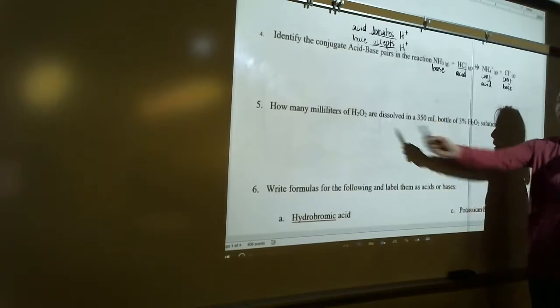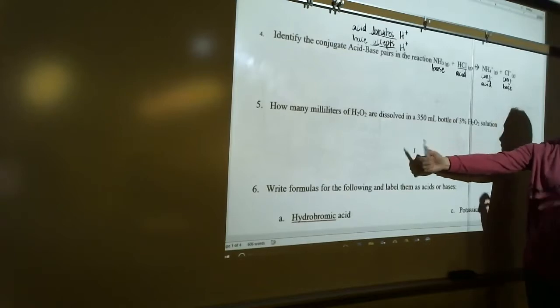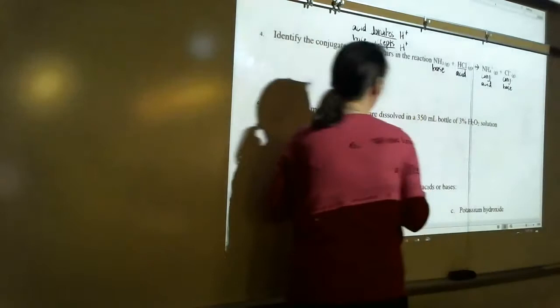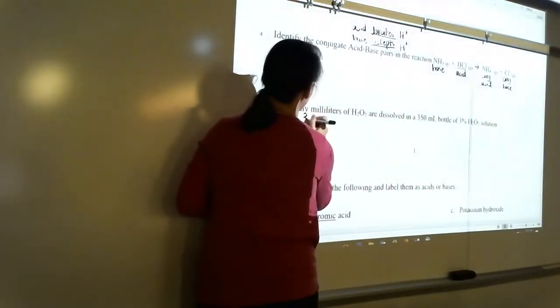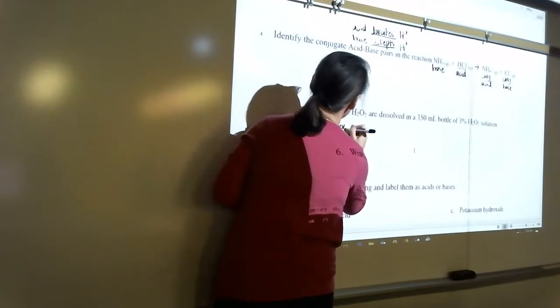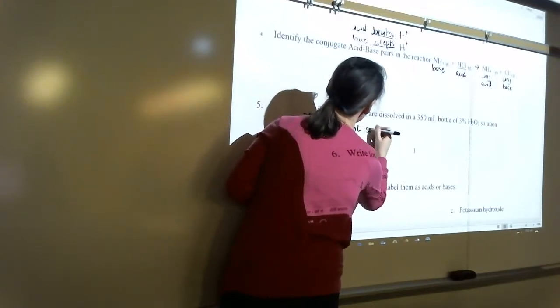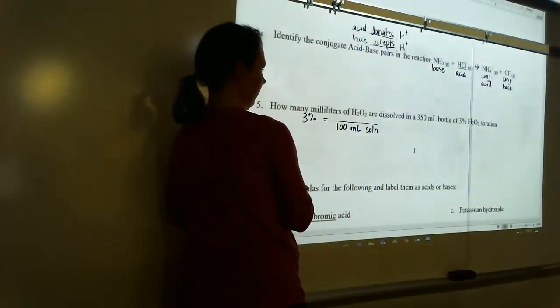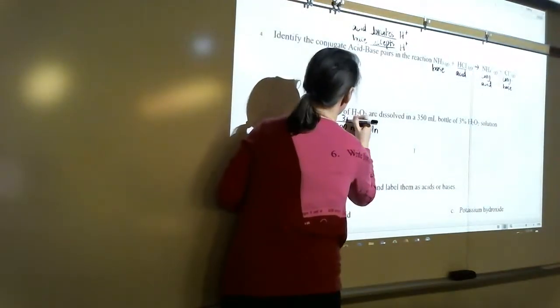How many milliliters of hydrogen peroxide am I actually buying? Well, I'm actually buying mostly water. Let's talk about how we would do this problem. If it's a 3% solution, that means for every 100 milliliters of solution, how many milliliters are actually hydrogen peroxide? 3.